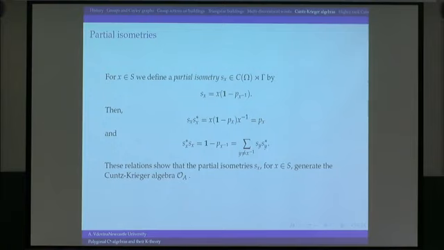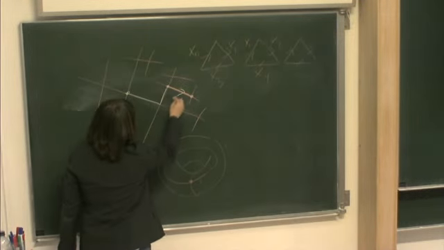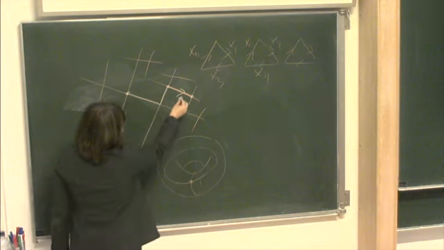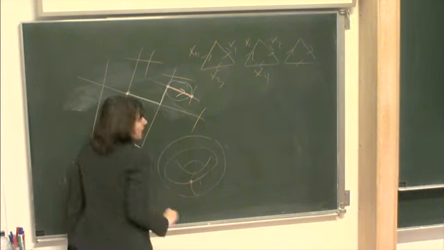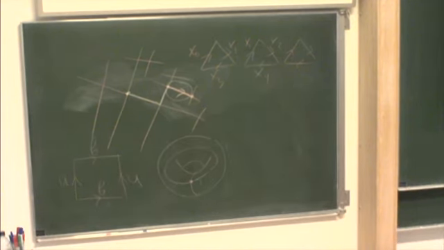So you can actually look at the words in this graph, and you say that two words are equivalent if there is a partial isometry between them, if their final tile is the same.